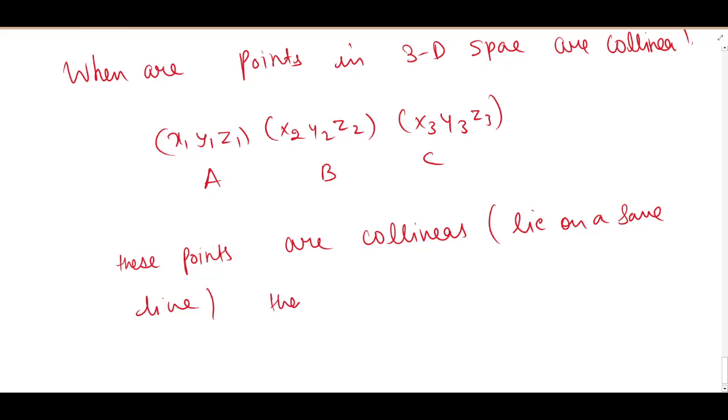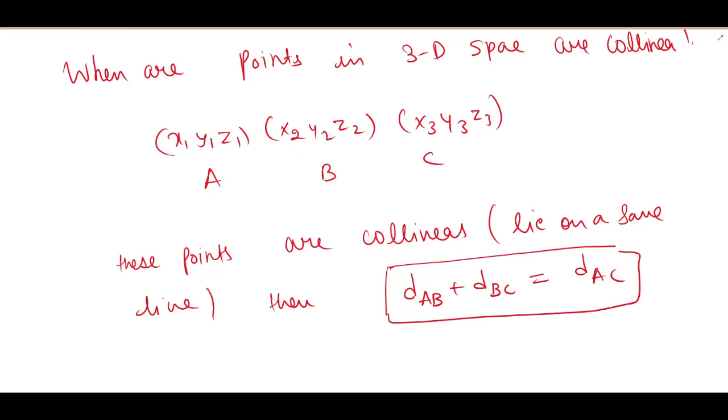Then the distance AB plus the distance BC should be equal to the distance AC. So this condition should be satisfied so that the points are collinear.